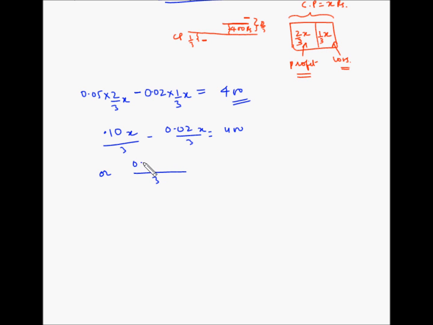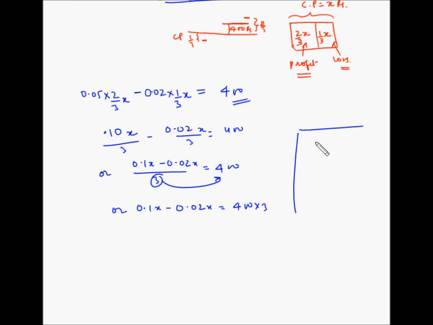So this will be 0.1 X minus 0.02 X is equal to 400. So let's take this 3 to the other side. So it is division, it will become multiplication, and it's in the denominator, and it will now become the numerator. So 0.1 X minus 0.02 X is equal to 400 multiplied by 3.